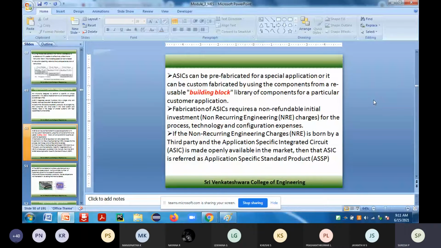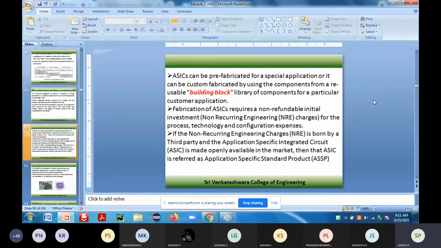You want to do the research, and to do that research you have to invest money. That is the first time investment you're going to have till you find the product. Because when I want to find a new product, I should incur some amount on it. That is the non-refundable initial investment.